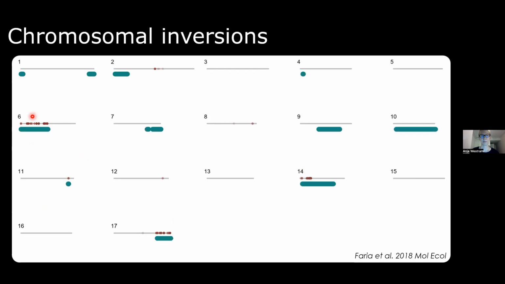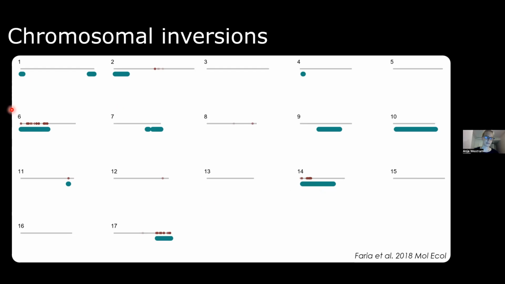And actually, in a separate study, we found that in some or all of these very interesting regions, there is a chromosomal rearrangement, a chromosomal inversion at that position. So here with these turquoise bars, I'm showing you the location of chromosomal inversions in the Littorina saxatilis genome.